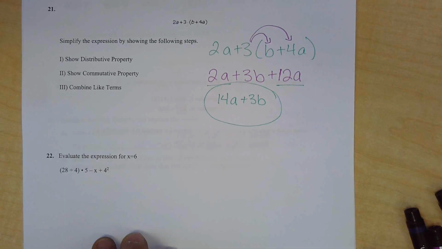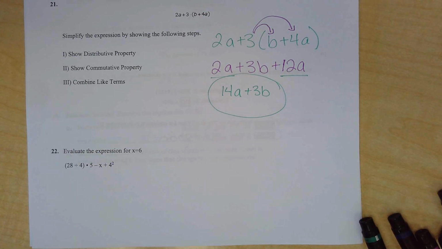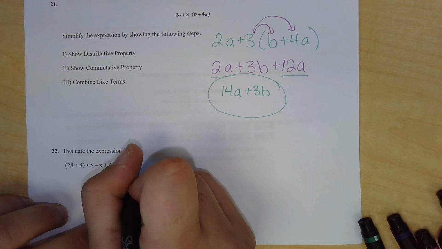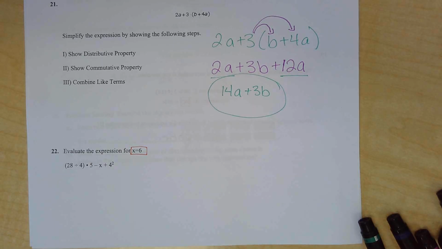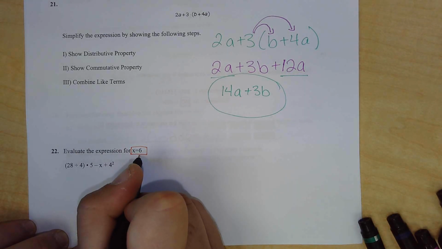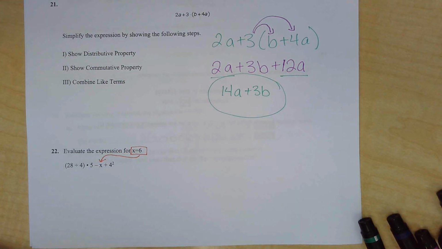Looking at 22, again, they want us to evaluate, which just means we are solving, but they want us to evaluate the expression for x equals 6. That means that we're going to be placing this 6, or substituting that x with that 6. So, let's do it.